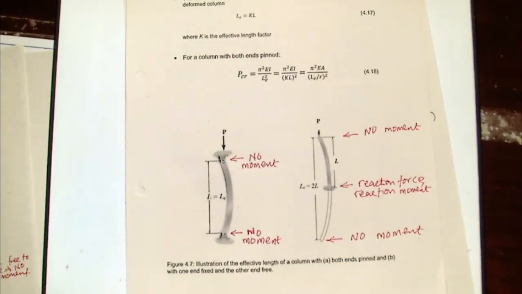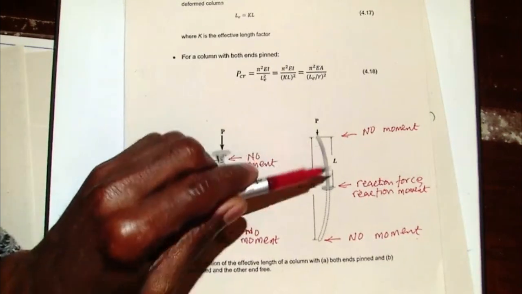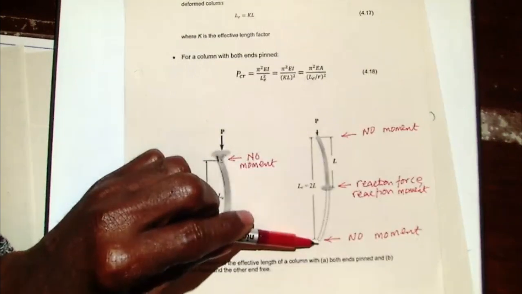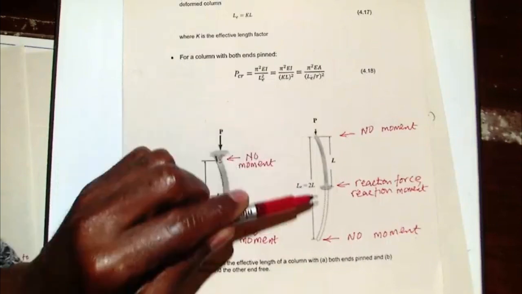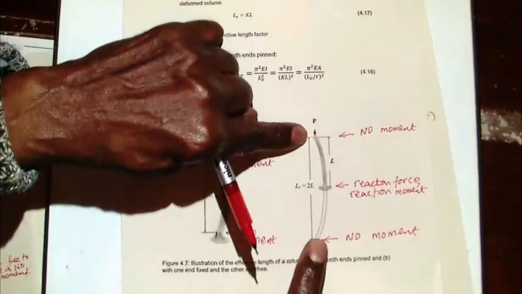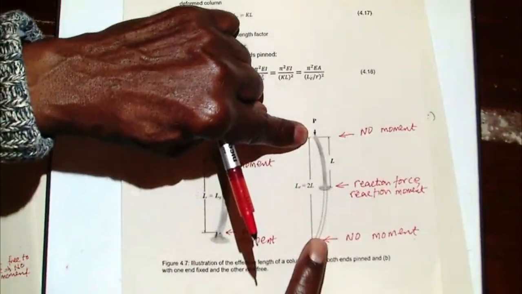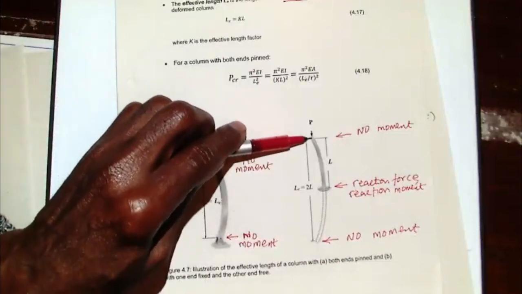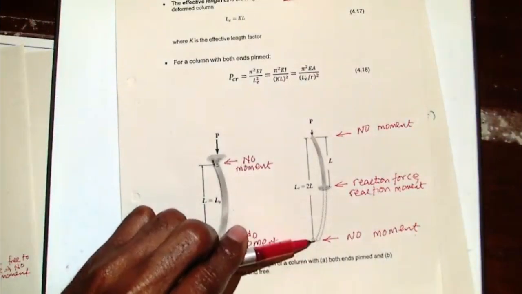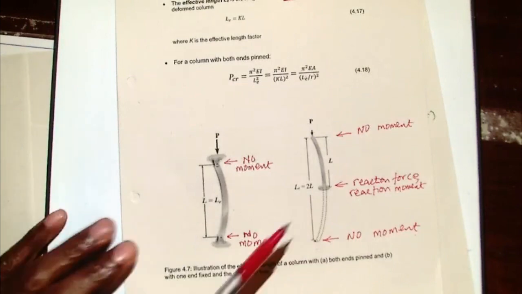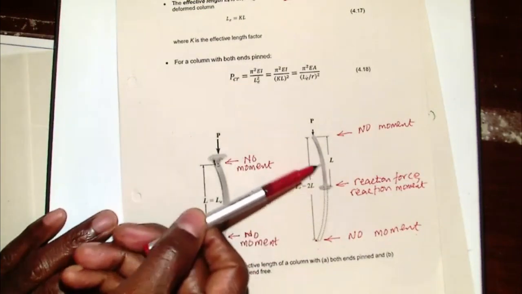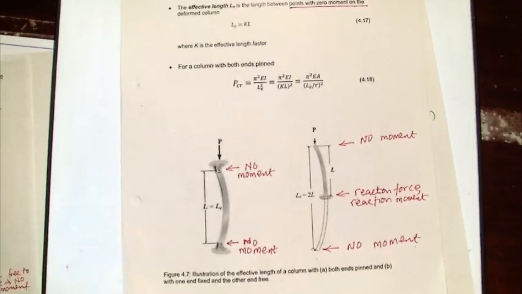The way to do that is to imagine you have a second half of that, where this end is free and that end is free. Although it is fixed here, these two ends will have no bending moment. Therefore, our effective length is the distance between this point and that point. So I would say the effective length is 2 times the original length for that particular structure. Okay, so I hope that's clear.